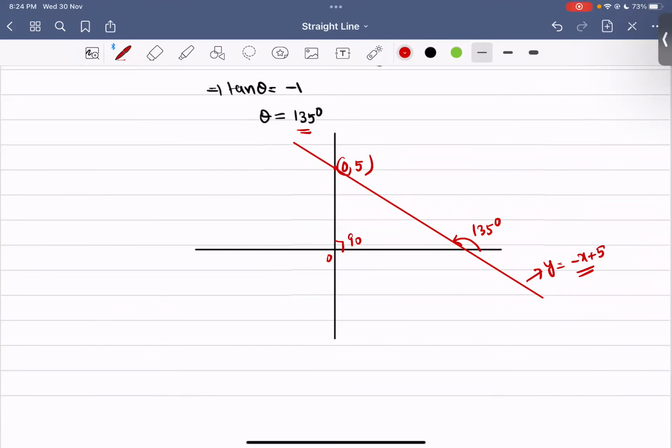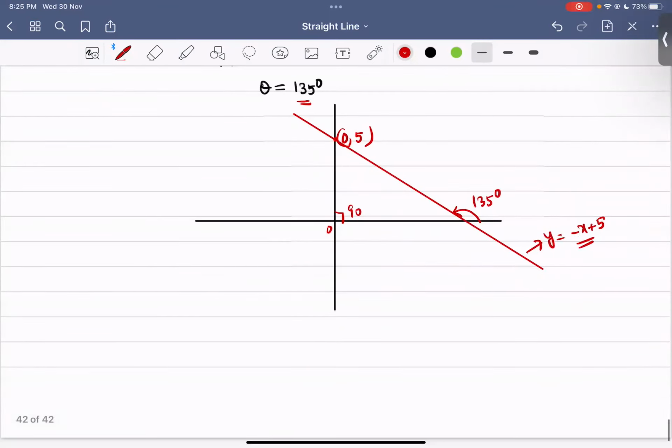Now suppose this line passes through the origin.